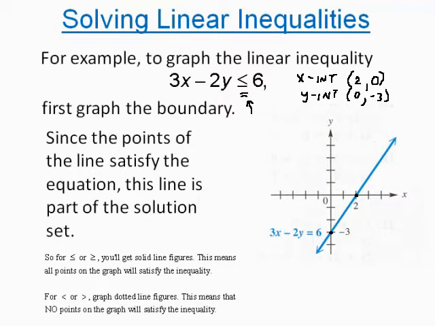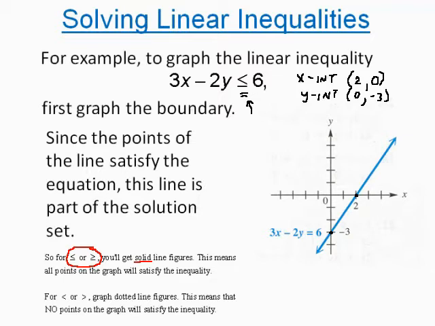Since the points of the line satisfy the equation, this line is part of the solution set. Here's what we mean by that, and notice I put some notes down here on the bottom. In these linear inequalities, if it's got less than or equal or greater than or equal, you'll get solid line figures. What this means is that all the points on the graph will satisfy the inequality.